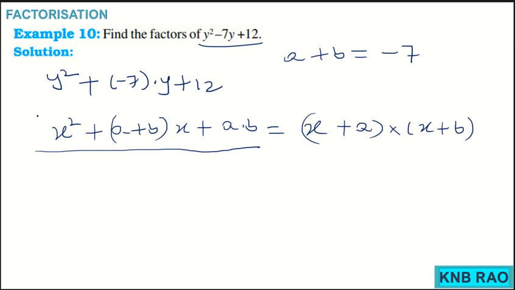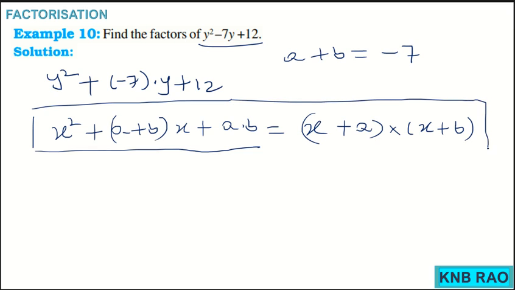This is the identity which you have learnt. That means, children, observe this algebraic identity gives the factorization of this trinomial, that is x square plus a plus b times of x plus ab, which is the product of these two binomials, where all terms are positive.